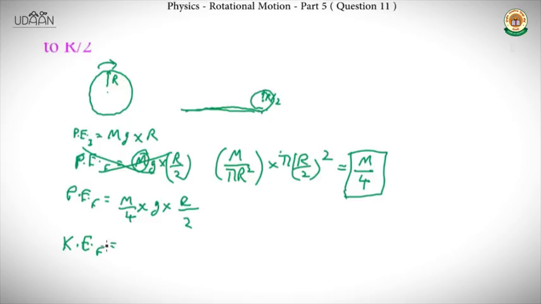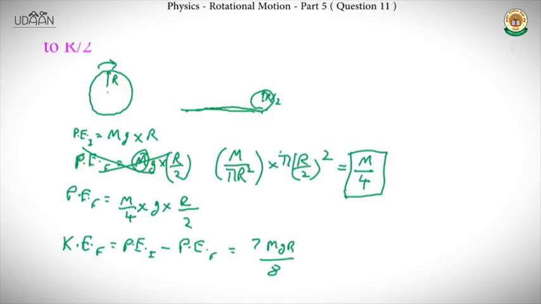So the final kinetic energy is given by potential energy initial minus potential energy final. Putting the values in, this is mgr minus mgr by 8, which gives me 7 mgr by 8. So now I know the final kinetic energy.